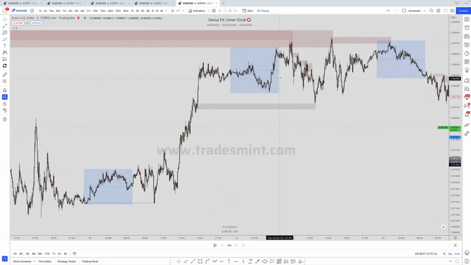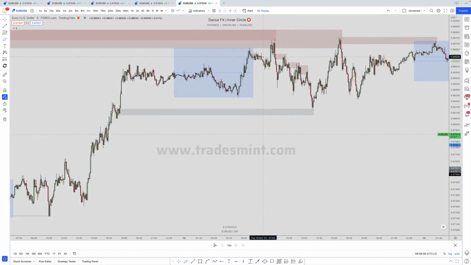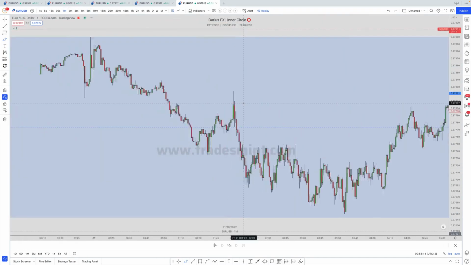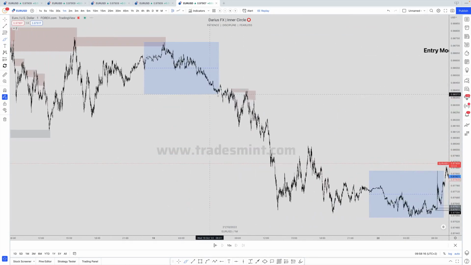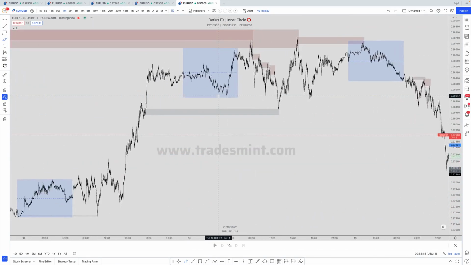Okay, so we got these points, and we just go straight to the M1 because we want to see what price is doing at these areas. Now, we do not see the M1 order block right now.